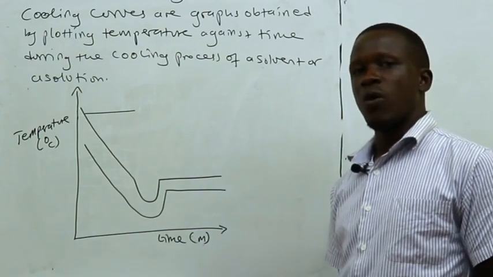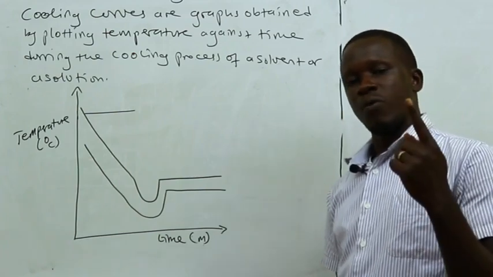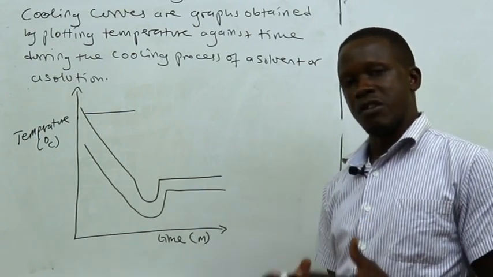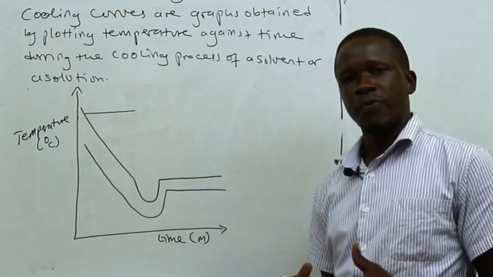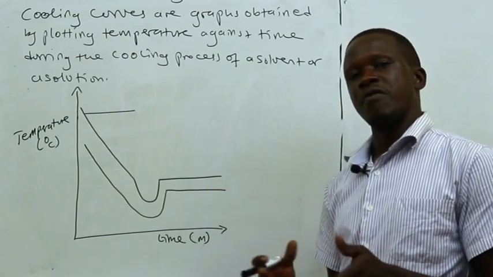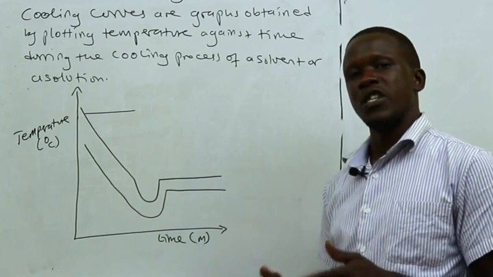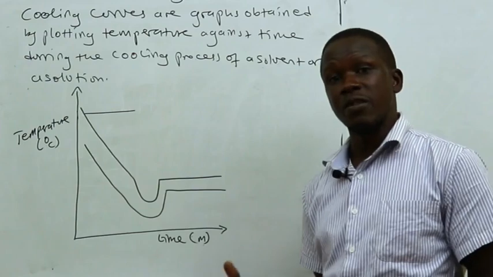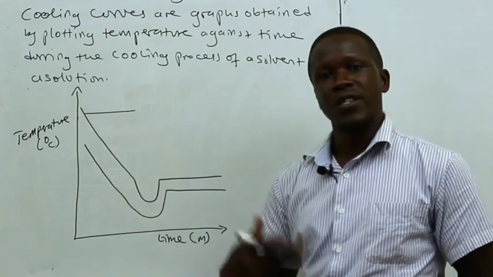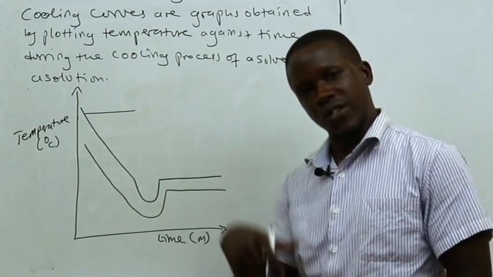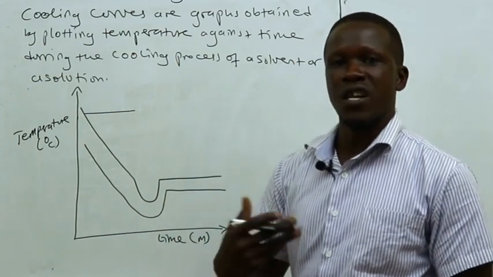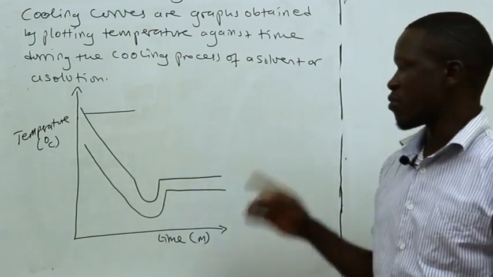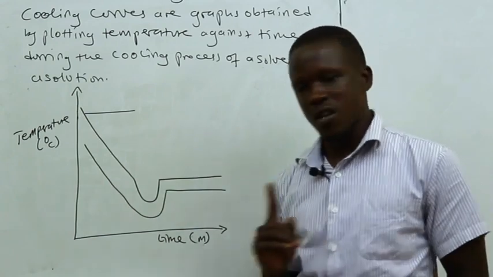Now the temperature when the solvent starts to freeze, or the solution starts to freeze, is what we call the freezing point. And that freezing point is normally constant. That's why when we are defining freezing point, we say the constant temperature at which the solid is in equilibrium with the liquid. So that means you got your graph and you recognize where the temperature is remaining constant.